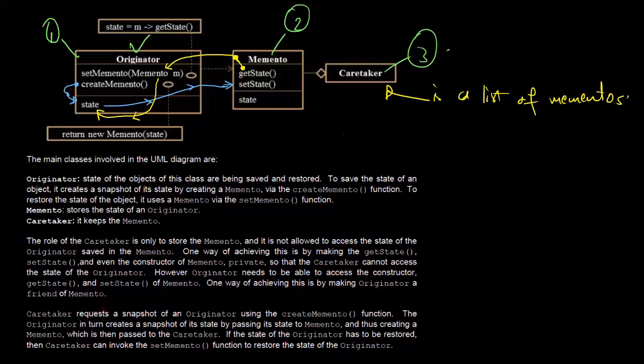So remember we said that the originator is worried about encapsulation or privacy, and we said it has to be involved, right? So how does the originator ensure that whatever it gives to this memento is not touched by anything else? We make everything in memento private. By making everything in memento private, we're ensuring that nobody else can call any of these functions.